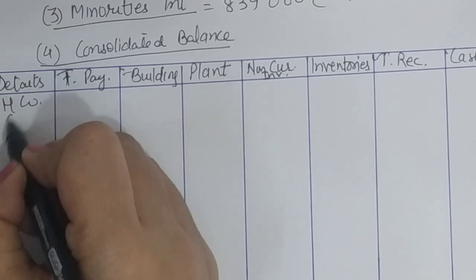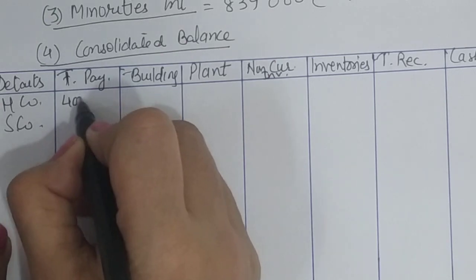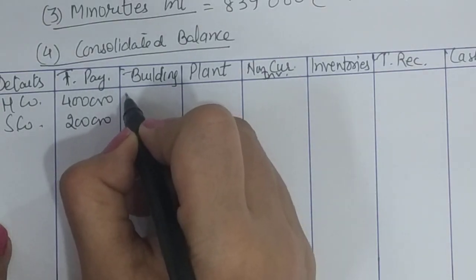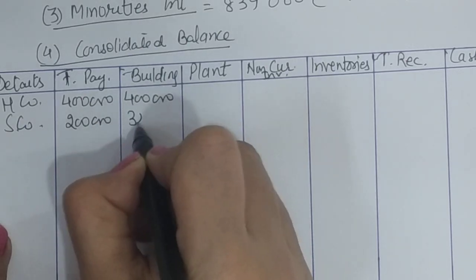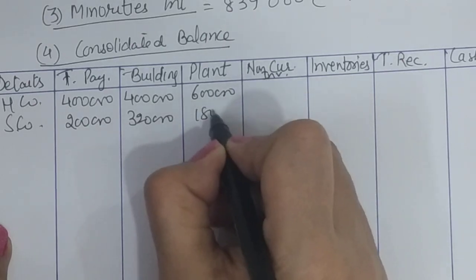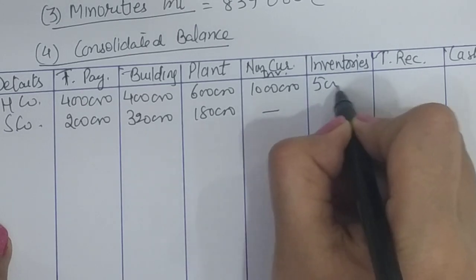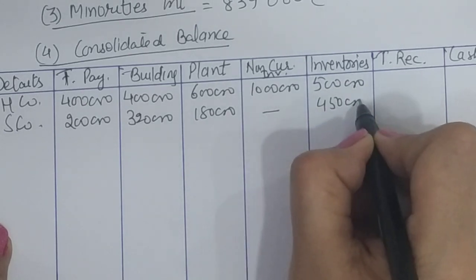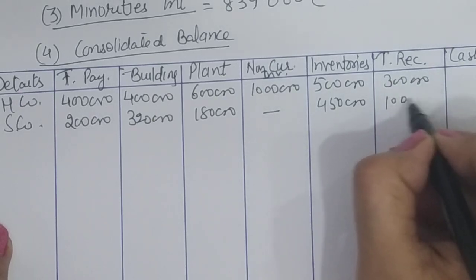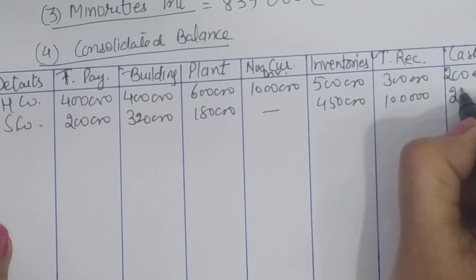So write up the amounts from the balance sheet. So for holding company, trade payable 4 lakh, for subsidiary company 2 lakh, building 4 lakh, 3,20,000, 6 lakh, 1,80,000, 10 lakh, nothing, 5 lakh, 4,50,000, 3 lakh, 10 lakh, 2 lakh, 2,50,000.